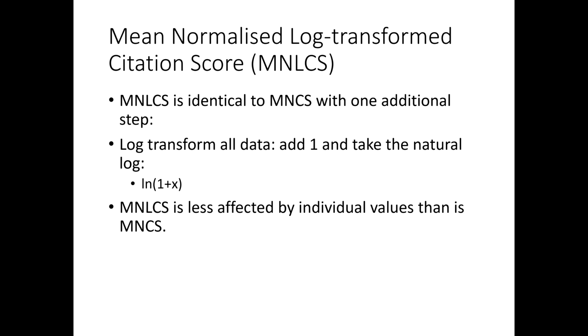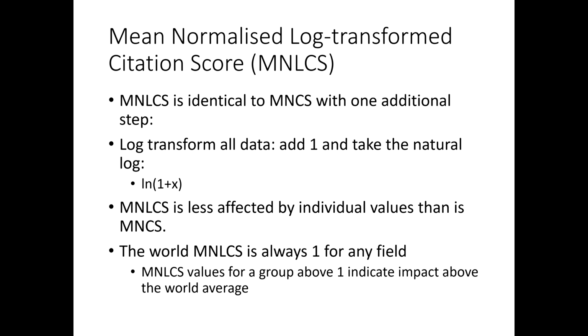MNLCS will then be less affected by individual values than the MNCS, and we'll be able to calculate a confidence interval for it. And as for the MNCS, the MNLCS is always 1 for any field, and a score above 1 indicates impact above the world average, below 1 indicates impact below the world average.